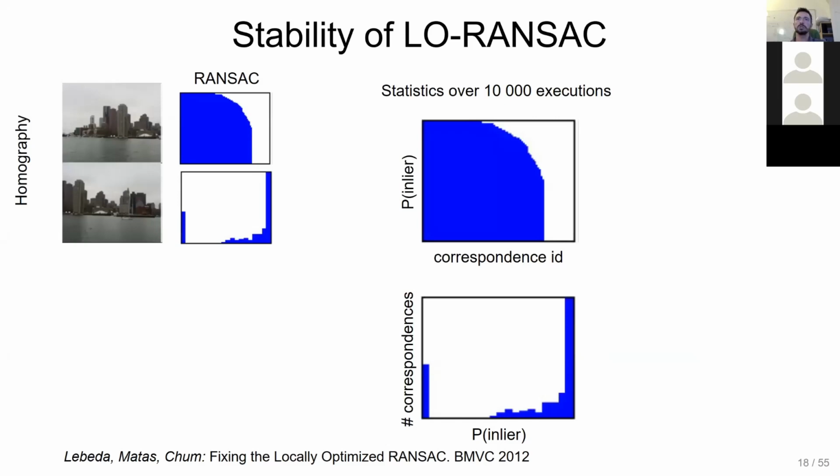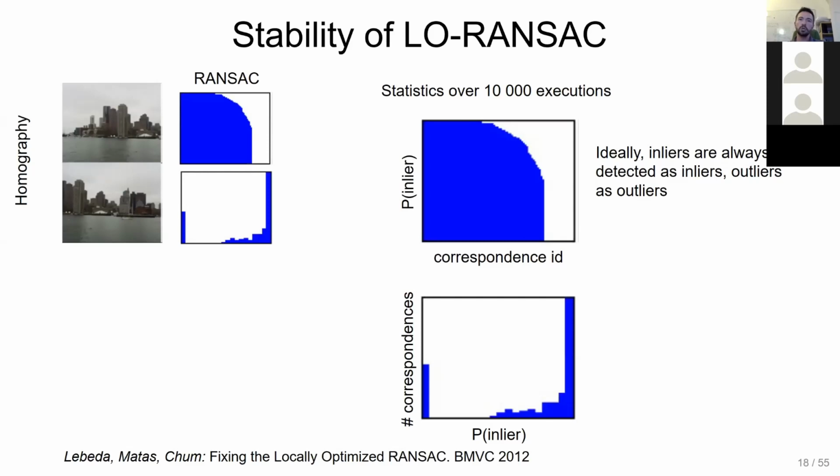So for each correspondence, we have recorded in the top plot how many times it was output as an inlier. And the optimal shape of this plot is that all inliers are always labeled as inliers, all outliers are always labeled as outliers, so that the blue area is actually a rectangle.